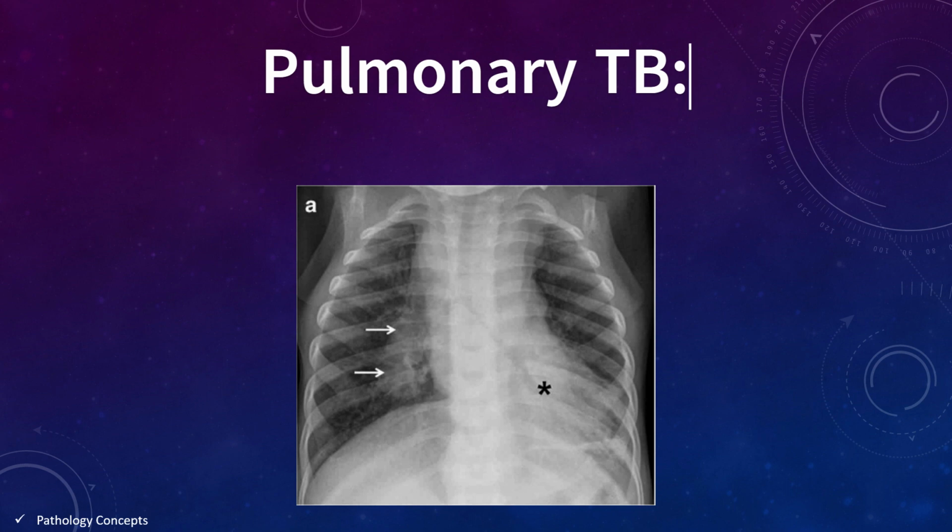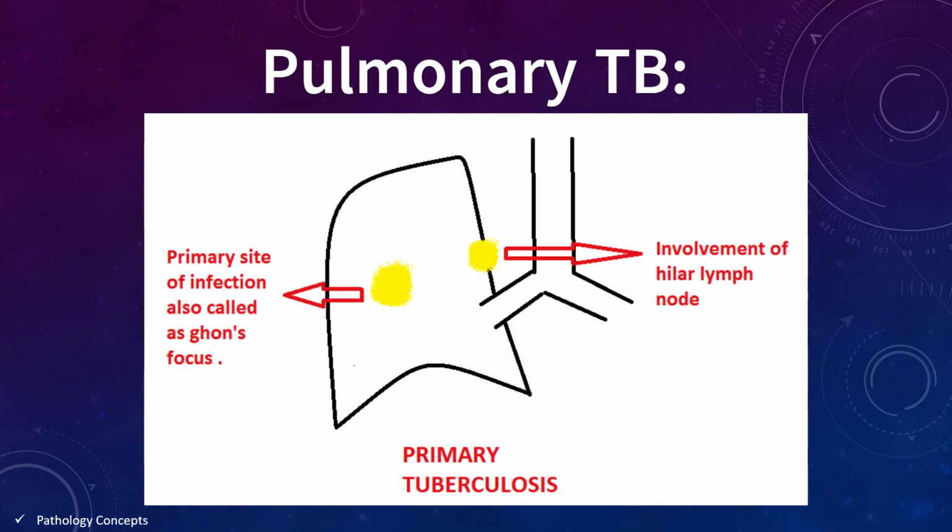Let's learn about primary tuberculosis. The first contact of Mycobacterium organism with a host leads to manifestations known as primary tuberculosis. This primary TB is usually localized to the middle portion of the lung and this is known as Ghon's focus of primary TB.